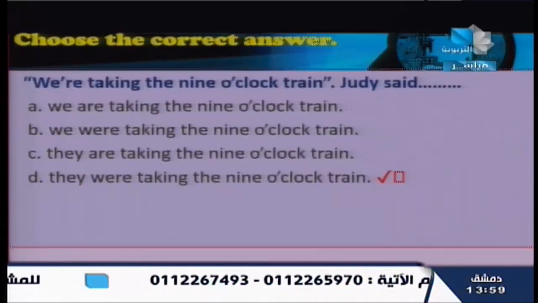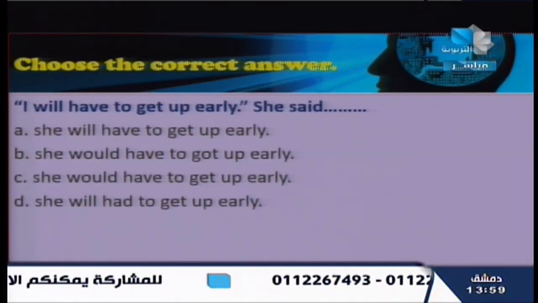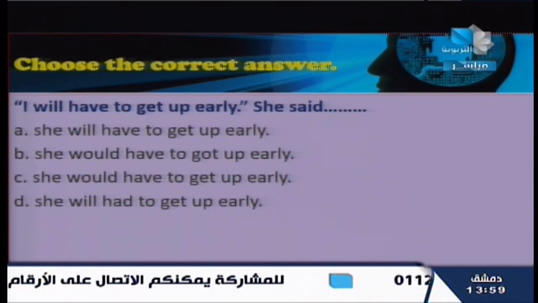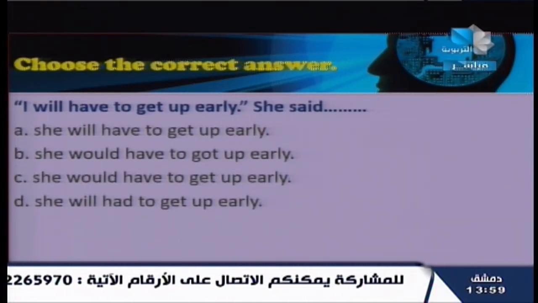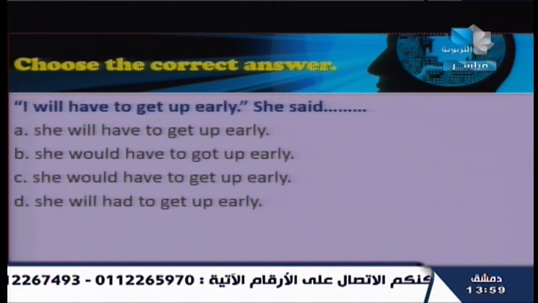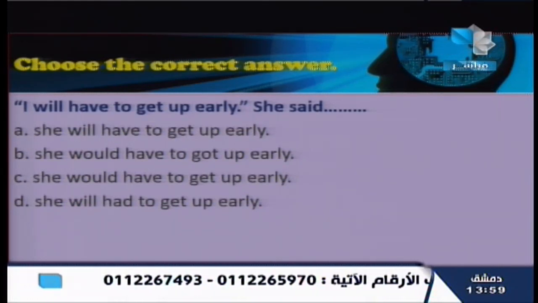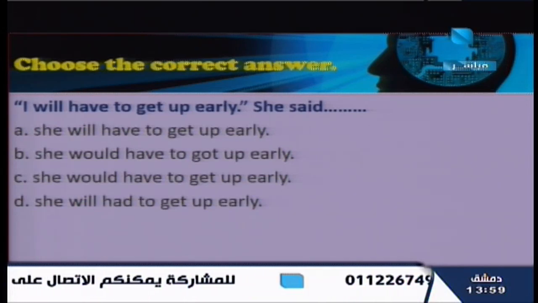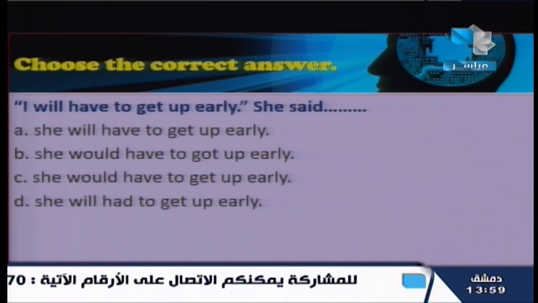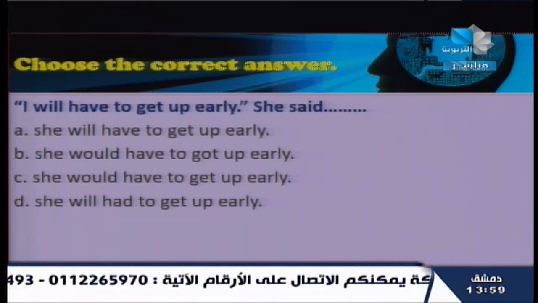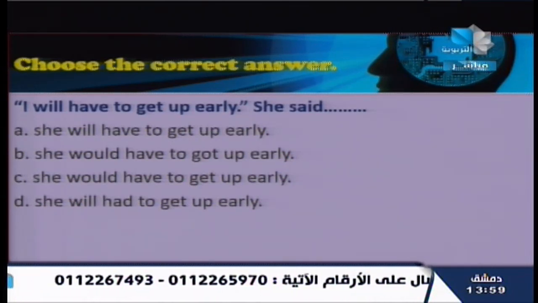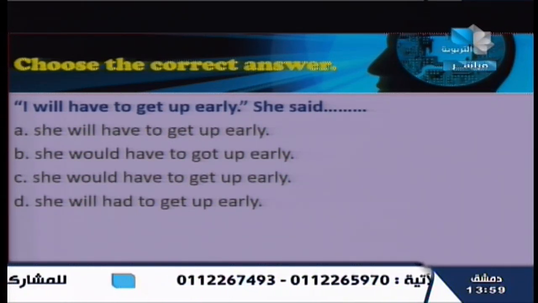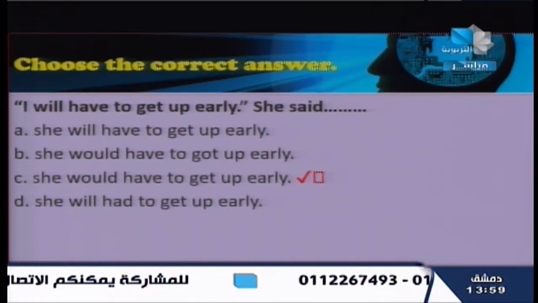Okay, next one. I will have to get up early, she said. The student can definitely get how to change this sentence. I have to change, I have to change will. That's it. But also we have to change have. So here we have 3 changes. A, she will have to get up early.